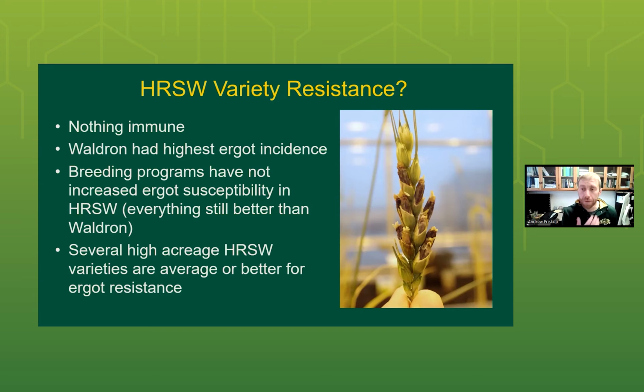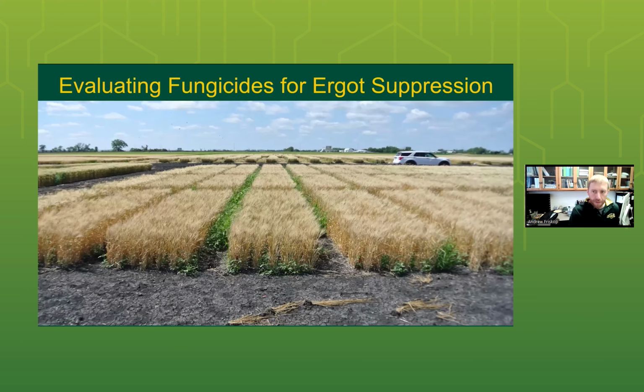And then the final message is we did have some of the higher acreage varieties in the screening effort, and most of those are average or better for what we classified as ergot resistance. So that wasn't an overwhelming cause of why we're seeing more ergots, because we were selecting for more susceptibility.